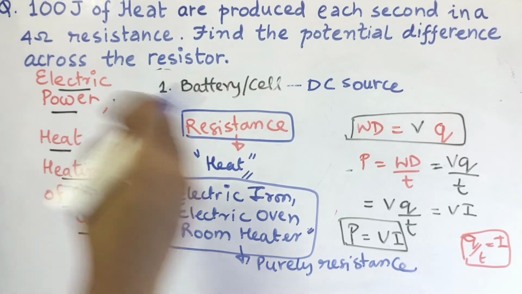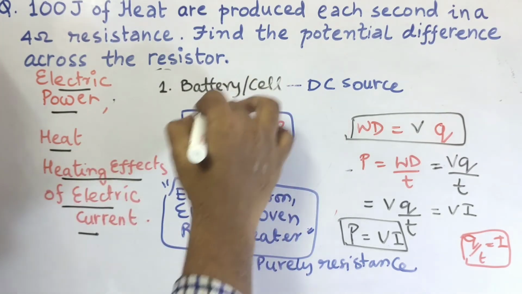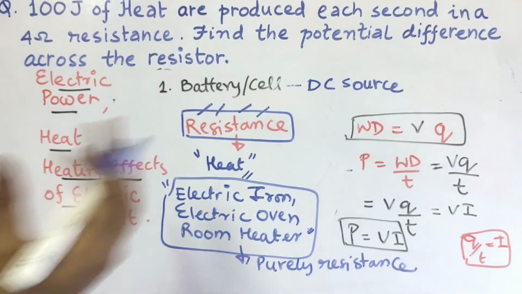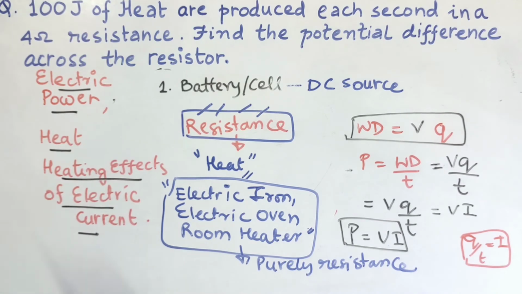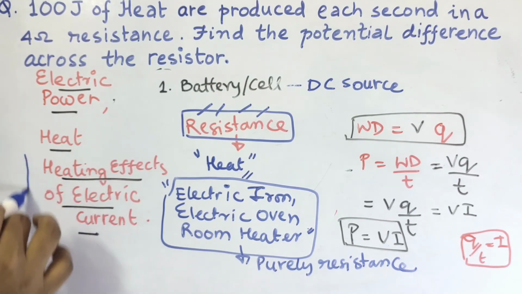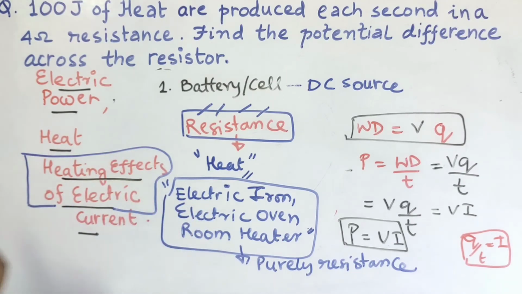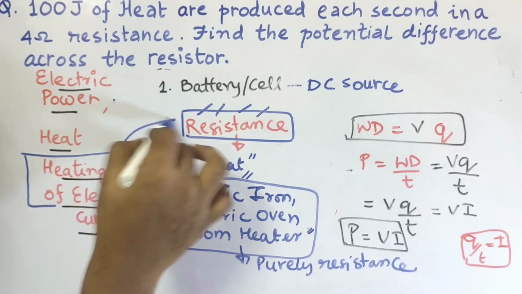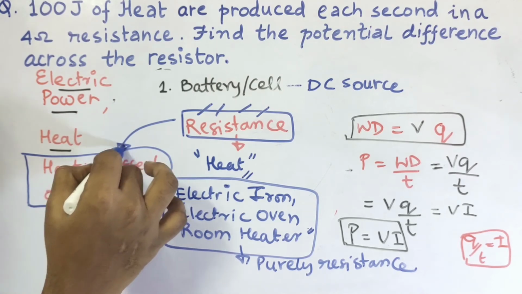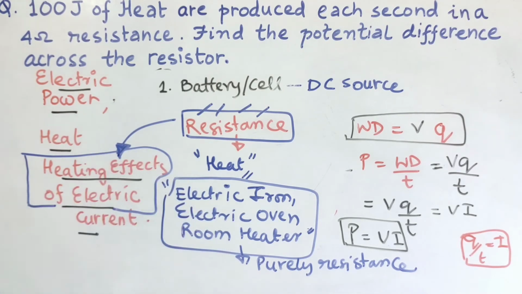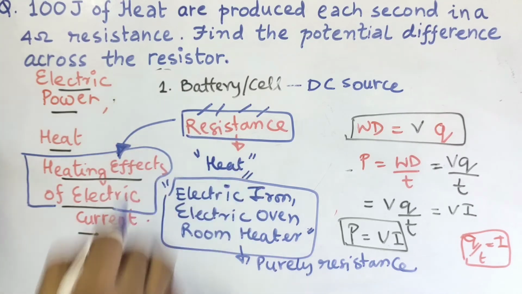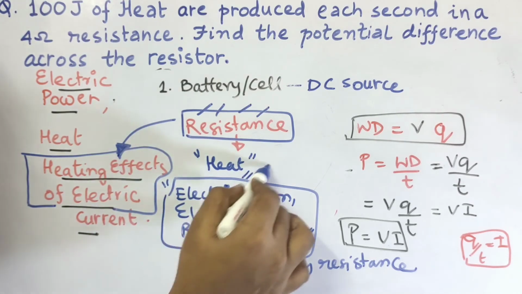So whenever current passes through a resistance, heat is produced. We call that the heating effect of electric current. So whenever electric current passes through a resistance, we get heat.